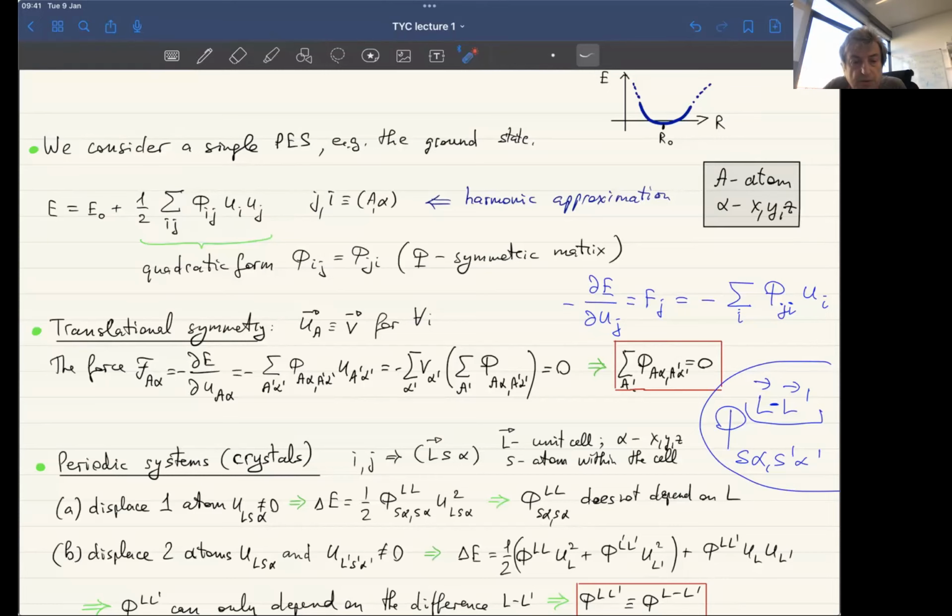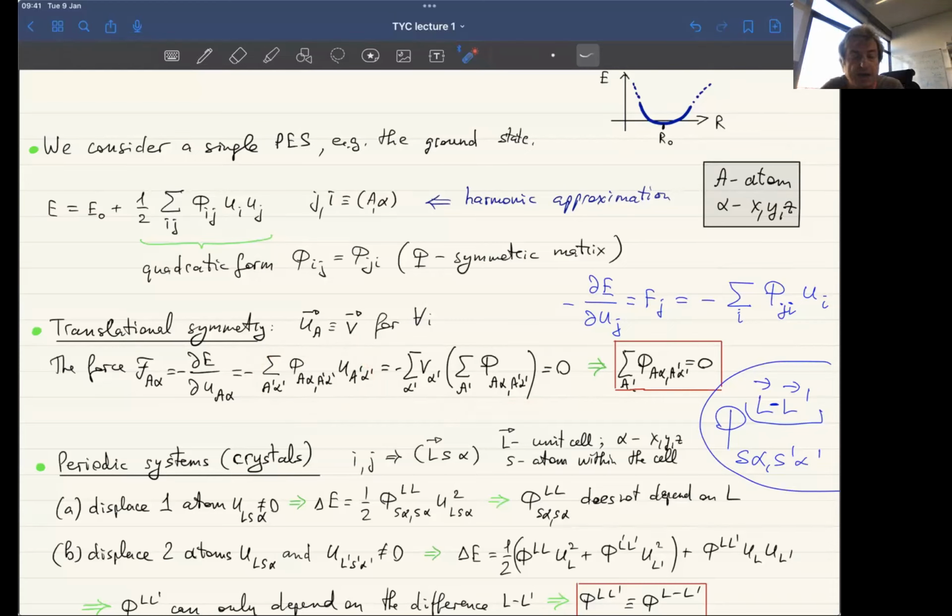Now imagine that all displacements are the same and equal to v, some vector. That means that the whole system is displaced, translated as a whole. In that case, if you look at the force from that formula, you can take these displacements, which are all equal to this vector v, out of the sum, and you arrive at that. And of course, there will be no force.